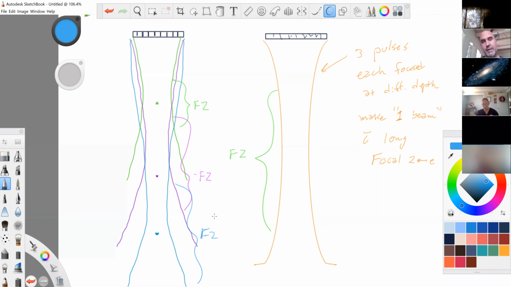So you can imagine, and remember, why do we have focal zones? Because of lateral resolution. An object here and an object here, if they could be seen separately, in other words, let me make that object a little bit farther away.